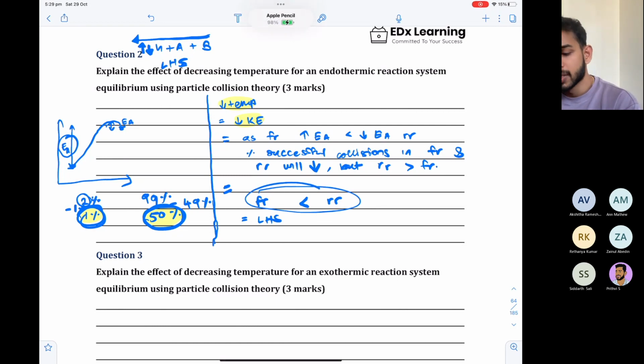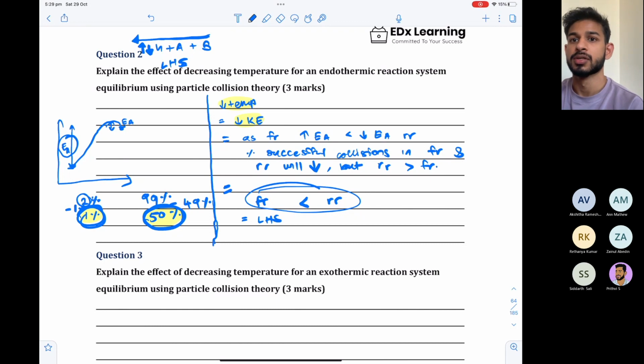Good. So in summary, an example answer would look something along the lines of this. Feel free to jot down anything that I'm about to say. Decreasing temperature in a reaction system will decrease the average kinetic energy of all particles. In an endothermic reaction, the forward reaction has a significantly higher activation energy than the reverse reaction.